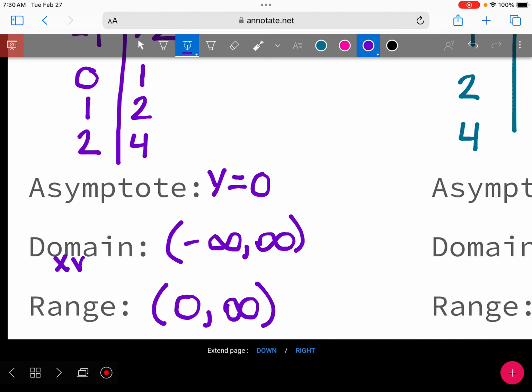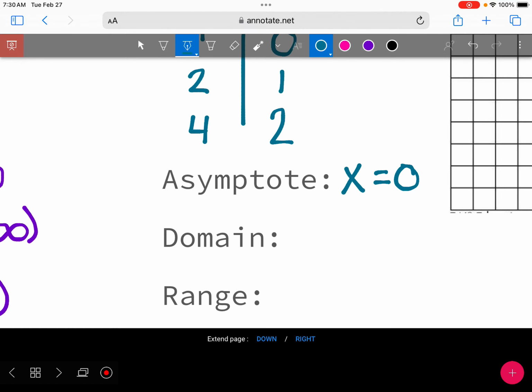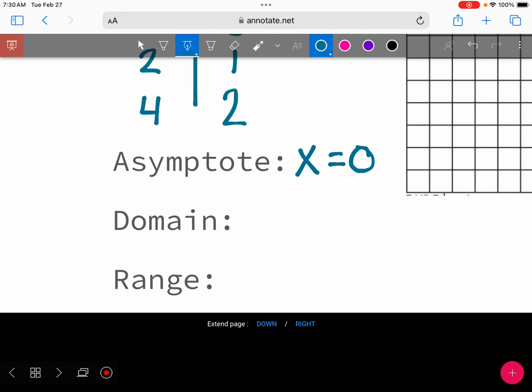Domain has everything to do with our x values. Range has everything to do with our y values. So those are going to change places too. What was the domain becomes the range. Our range is going to go from -infinity to +infinity.